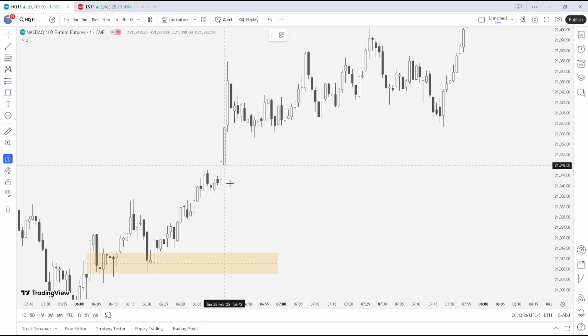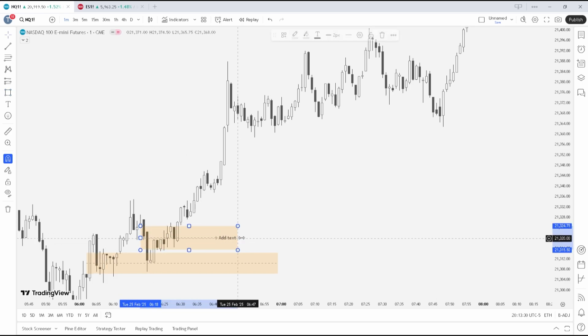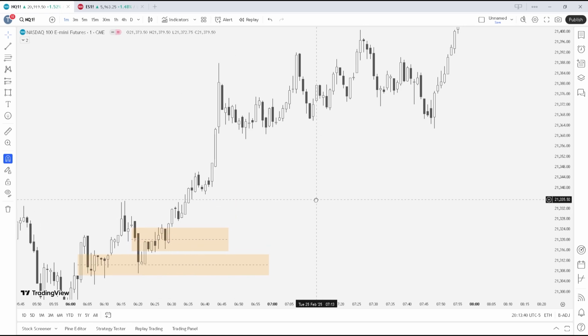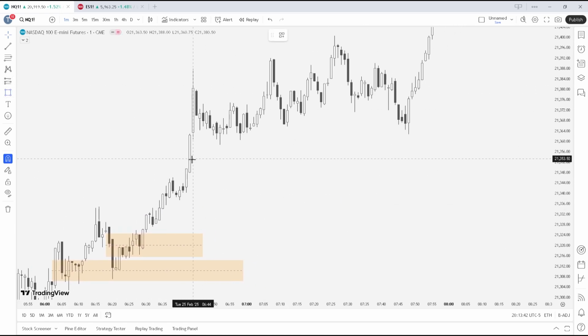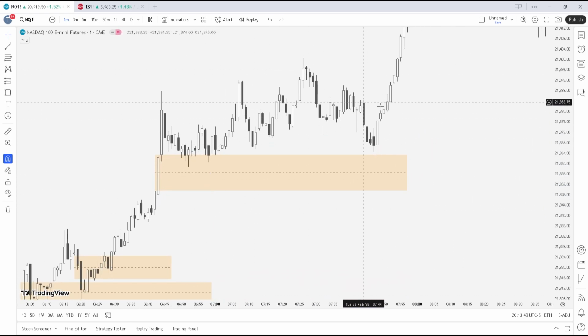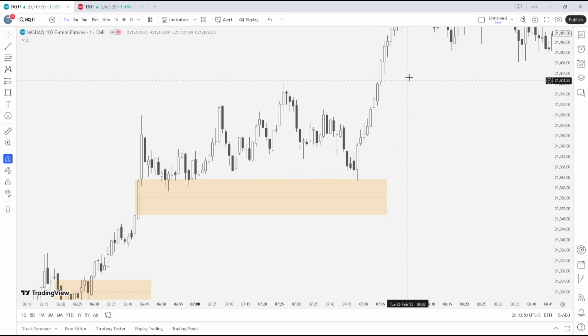If we take a look at something like these two right here, we come down, we create this fair value gap, we tap into this bullish one, and we just instantly disrespect this bearish fair value gap. If we go up, we have something like this. We create this, we tap back into it, we go up, come back, tap into it, we go up.